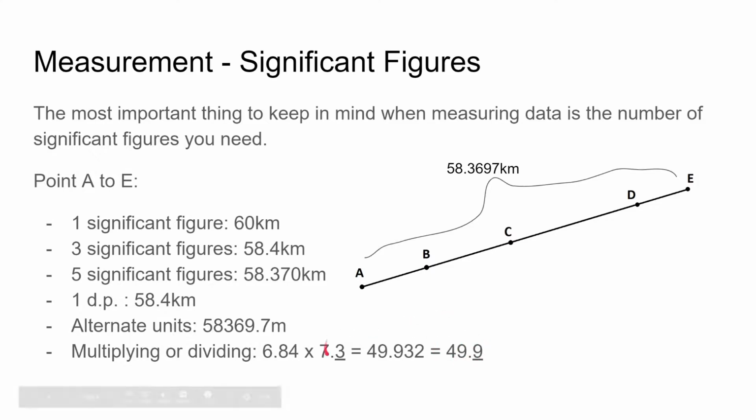So over here you can see 7.3 is the number which is least precise, right? It's only been given to one decimal place. And so because of that, we also give our answer to one decimal place only, because we do not know what the answer would be had this number been given more precisely, right? We do not know if it's exactly 7.3 or if it's slightly more or slightly less. And so we write that.